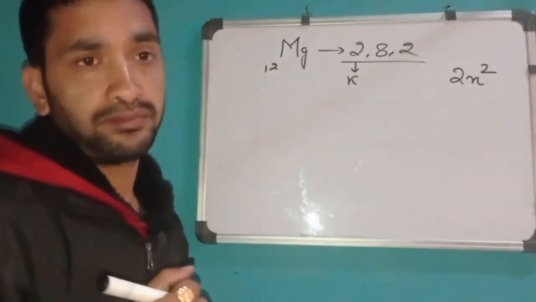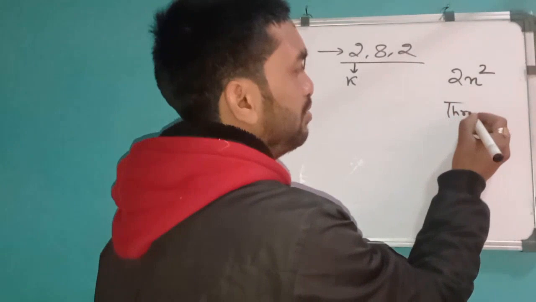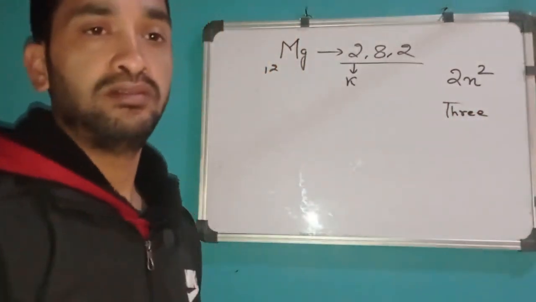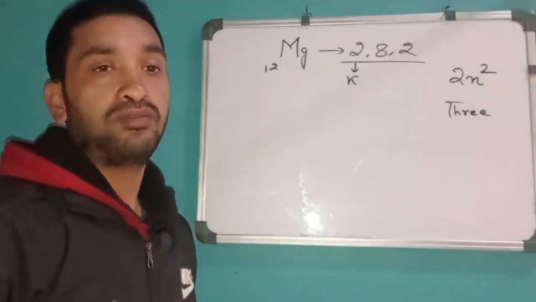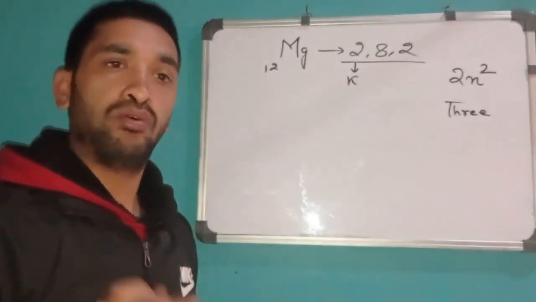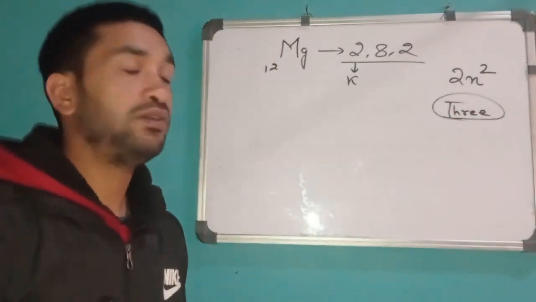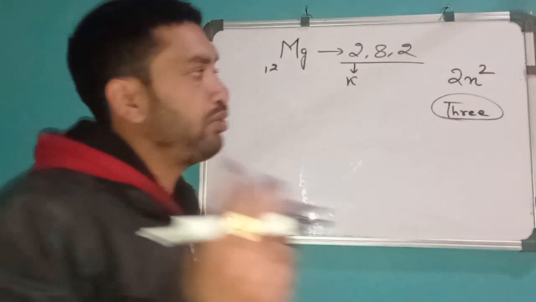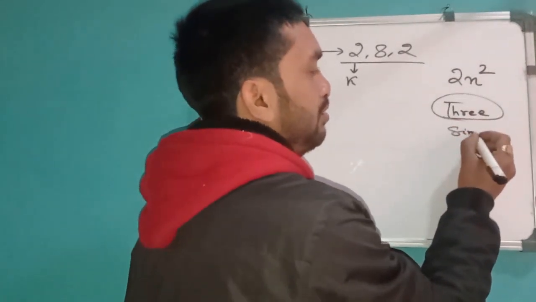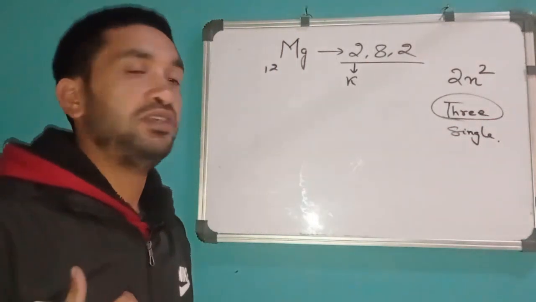Just for an example, suppose there is a bed. Three persons can easily be accommodated in that bed. Three means a congested space. Okay, it is okay that three can adjust there. No problem, three can adjust. But are you stable in that state? No, you are not stable in that state. For you, the stability is single. If in that bed I sleep alone, it will be stable for me.